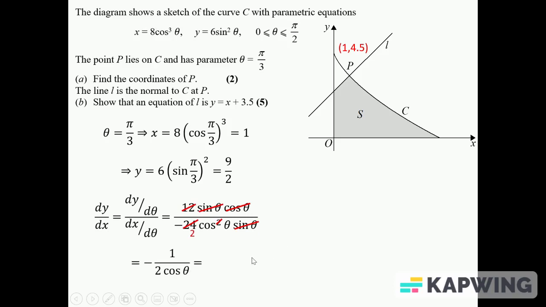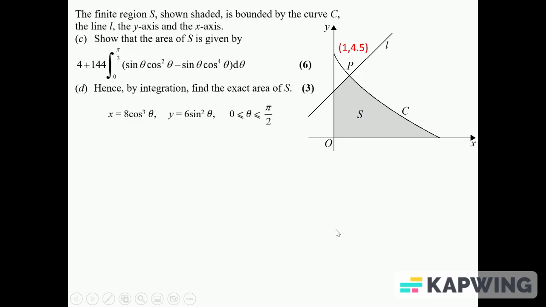It's going to be 2, so it's actually minus 1 over 2 cos theta. The cos pi over 3, remember, was a half, so this turns out to be minus 1. So that's the gradient of the graph at P. The gradient of the normal is going to be 1, the negative reciprocal, which means the equation of the line using the 1 and 4.5, I get y equals x plus 3.5.